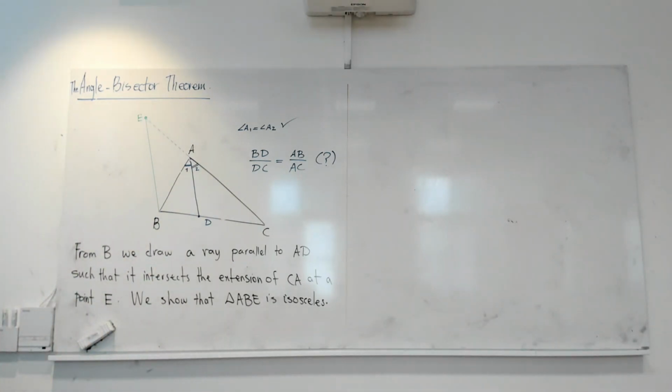Okay, why do you think this is correct? Do you see any reason why it should be isosceles?